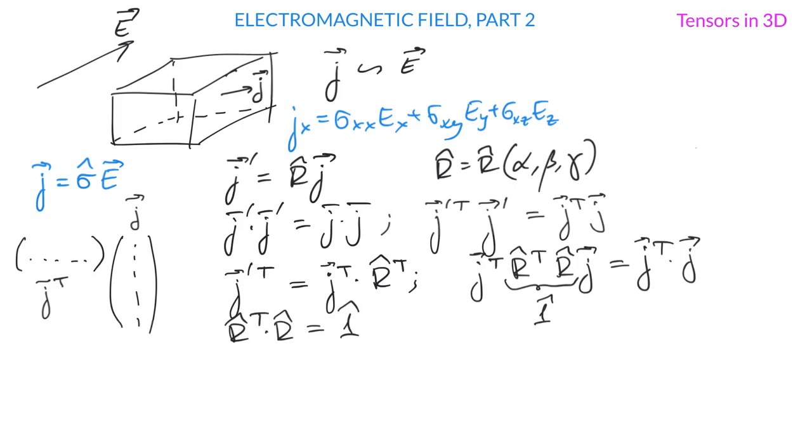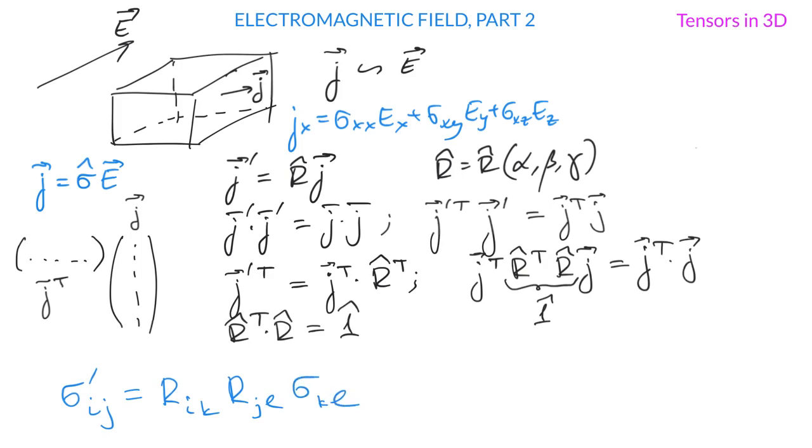I will explain that the proper transformation looks like the following. So sigma prime ij equals R ik R jl sigma kl.